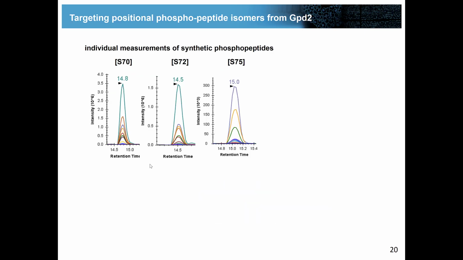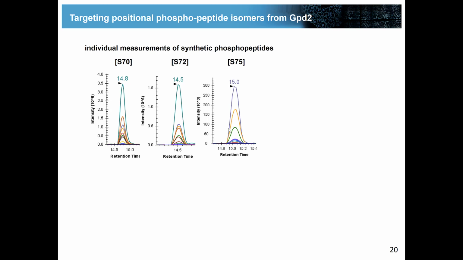Okay? So what I did then was I measured these 3 different phosphopeptides of GPD2 by SRM, and I started by measuring them all individually. So I used 3 different samples: sample 1 with only this phosphopeptide present, sample 2 with just this phosphopeptide, and sample 3 with this phosphopeptide.